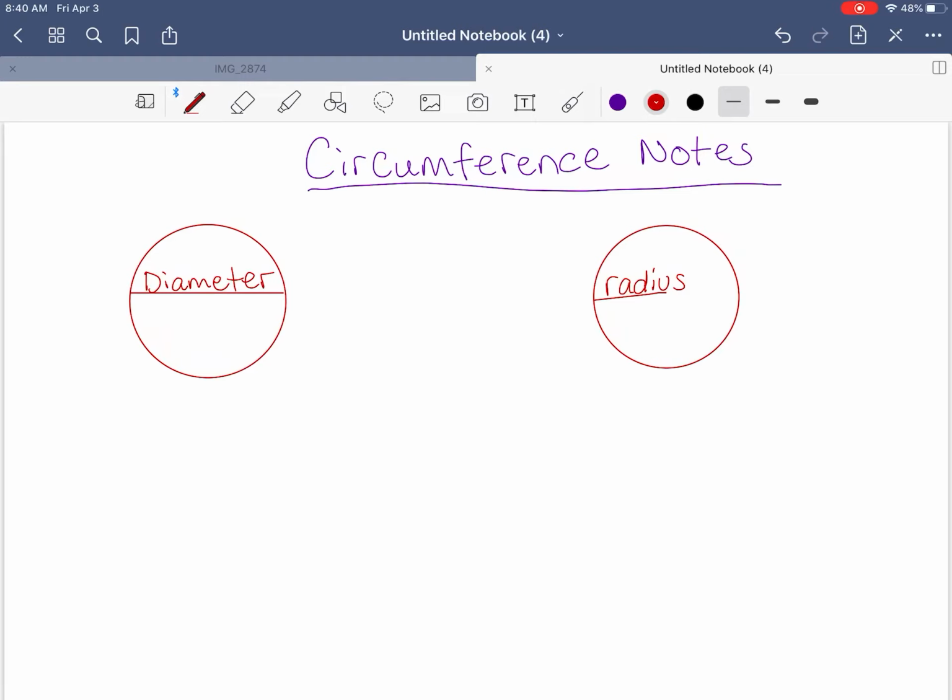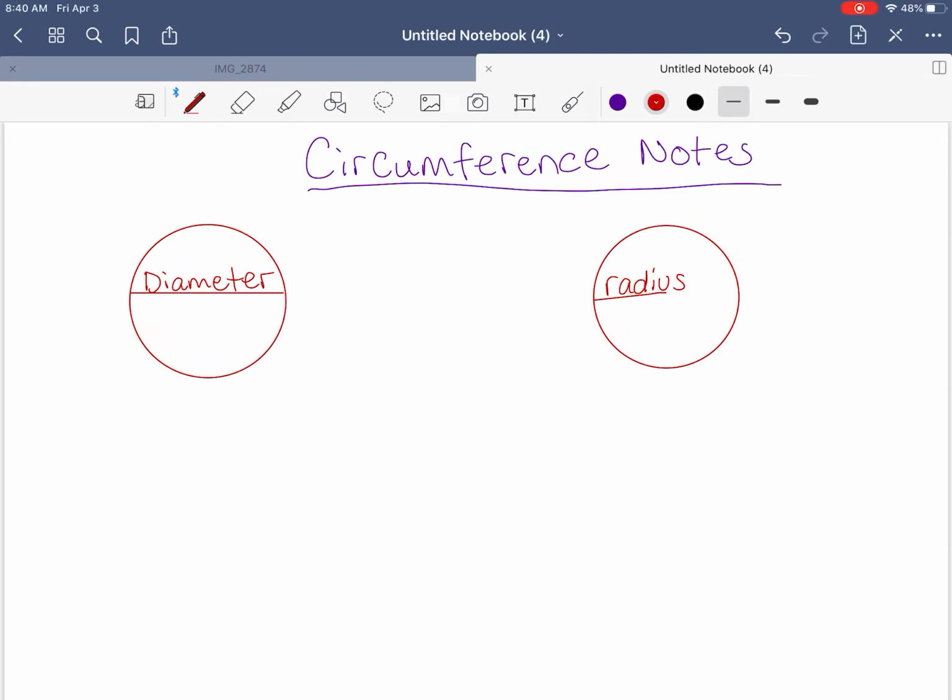So if you remember, when we figure out the circumference of a circle, we can either use the diameter of the circle or the radius. We can use either or. So let's start with calculating the circumference of a circle using the diameter. There's a little formula we use, and remember, formulas are kind of like our directions or our guide to solving the problem.